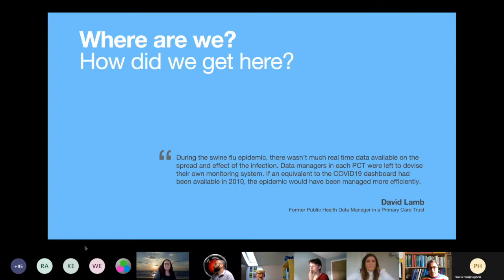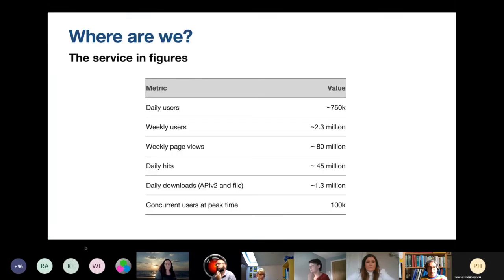The situation back then was that people were left to devise their own monitoring systems, and there was no real equivalent to the kind of dashboard that we've got now. And he felt that if something like the dashboard had been available then the epidemic would have been managed more efficiently.